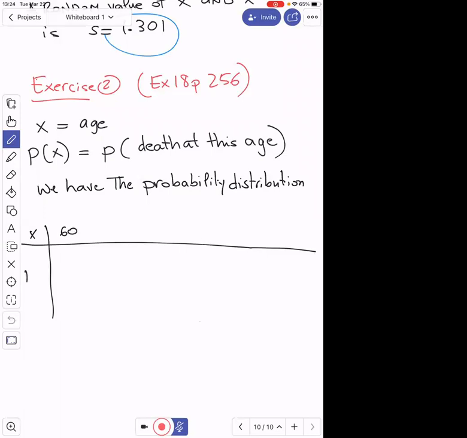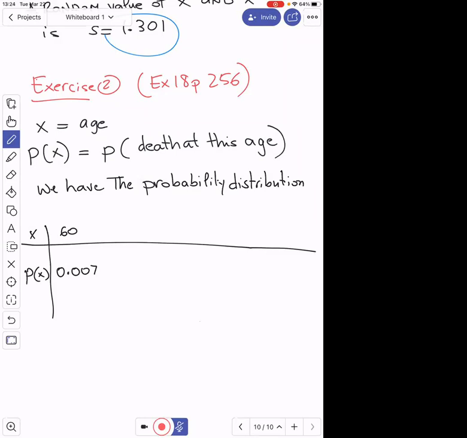So this probability distribution, this exercise is from the textbook, so I don't want to change the numbers, because the answers would be different if I drop a number.